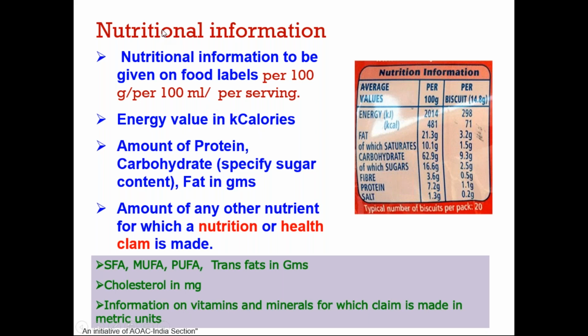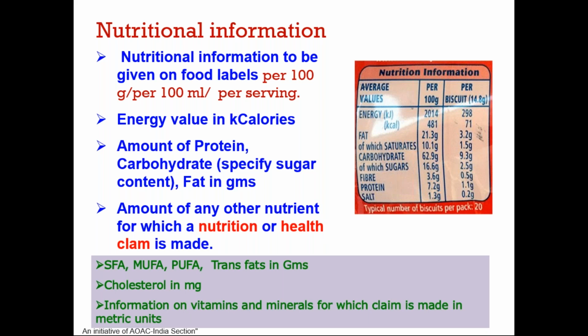The nutritional information that is mandatory is the protein content in grams and the carbohydrate content in grams. If it contains sugar, the sugar content must be specified, and the fat content must be specified in grams. If the package is making a claim for any other nutrient other than what is listed here, which has a nutrition or health claim, then the value should be there.